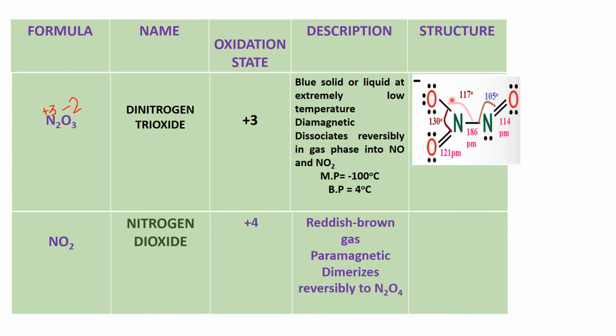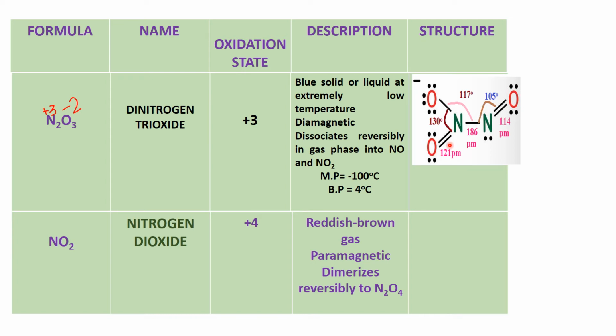It has a planar structure, which is shown here, and the nitrogen-nitrogen bond distance is 186 picometer. The nitrogen-oxygen bond distance is 114 picometer, and here the nitrogen-oxygen bond distance is 121 picometer.